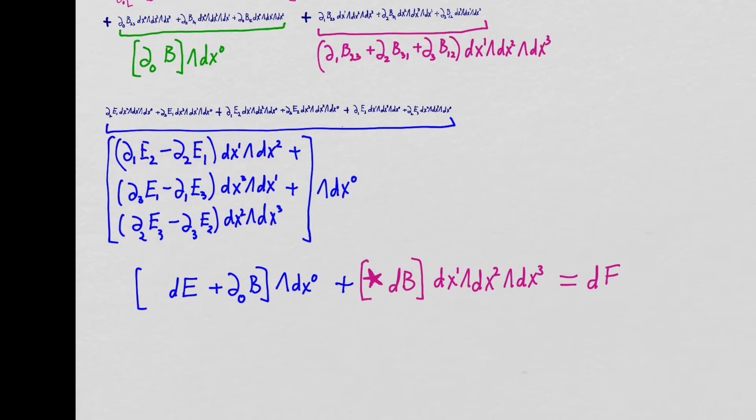Now, what we would do normally next, if we were really interested in this being a curl, is take its Hodge dual to convert these two-form basis vectors into the one-form basis vector, so you have what looks like a curl. But right now, we just leave it this way. And this, of course, is just the time derivative of a two-form. So this is a two-form, this is a two-form. You add them together. You can wedge it with dx0 to get a three-form if you want.